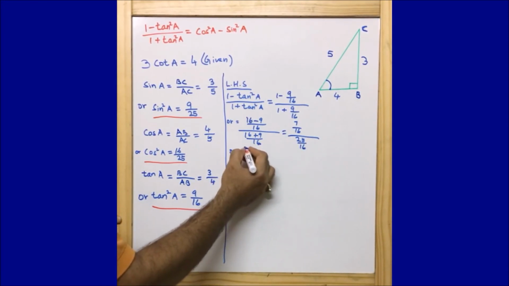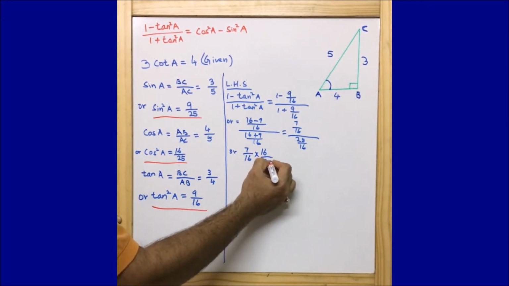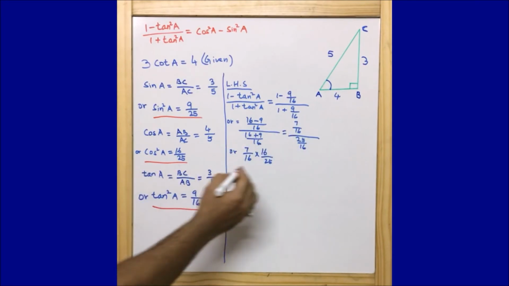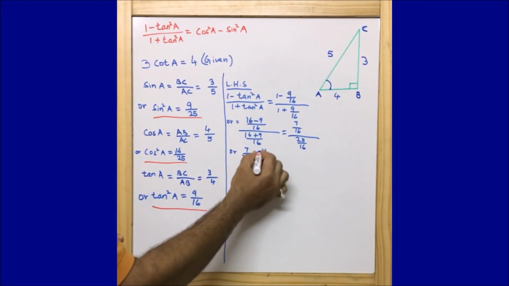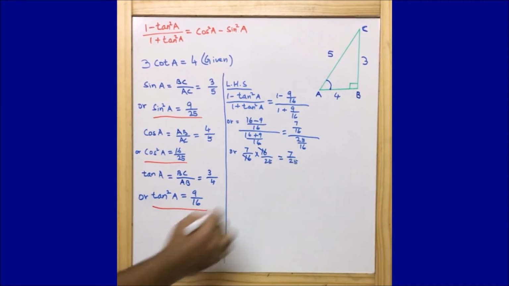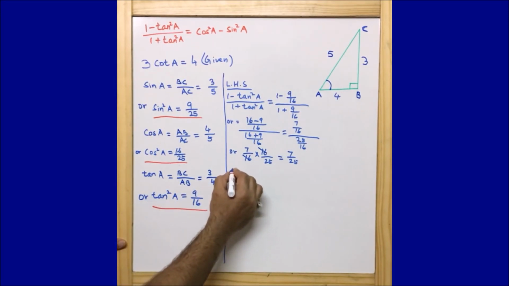Or I can write 7 upon 16 into 16 by 25. Instead of division, I just reversed it for multiplication. So the 16 and this 16 cancel off, and I am left with 7 by 25. So guys, we got that 1 minus tan square A by 1 plus tan square A is equal to 7 upon 25.